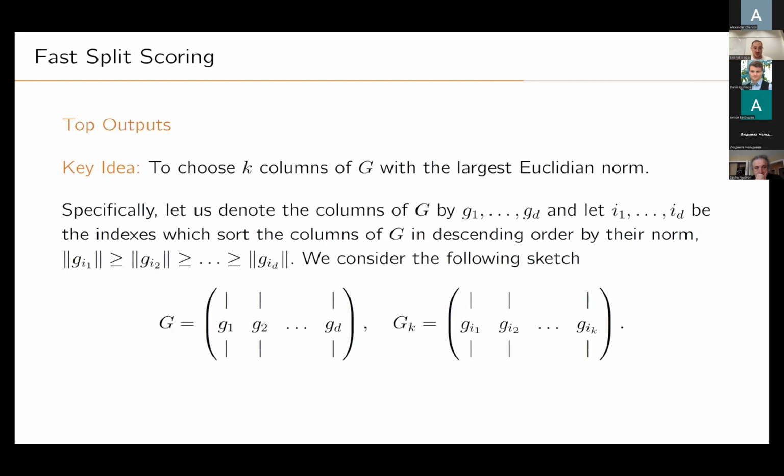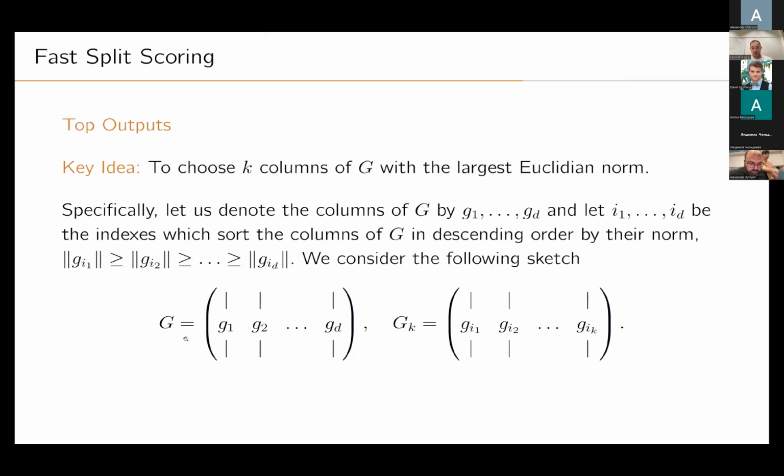And the second idea we tried is somehow similar to SVD, but let's say more straightforward. If we want to preserve the norm of the vector G times, let's say, v, and we want to reduce the number of columns in matrix G, we can just throw out the columns which correspond to the smallest Euclidean norm.